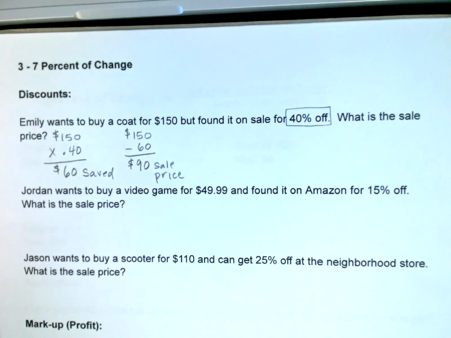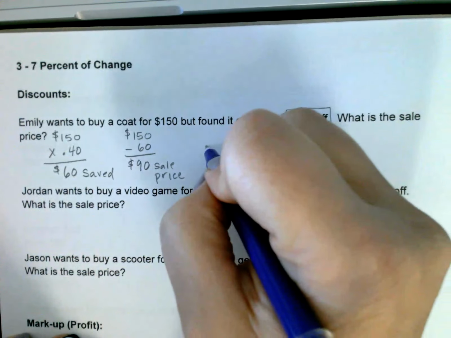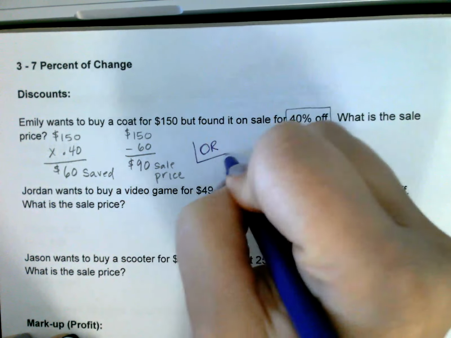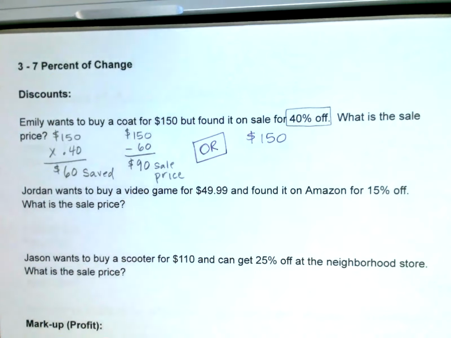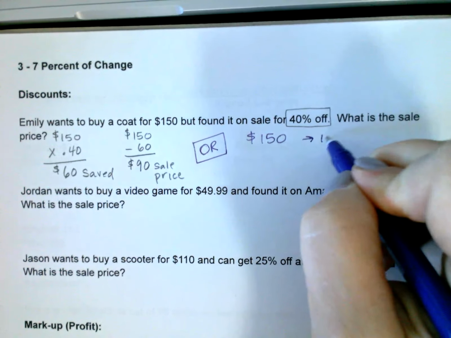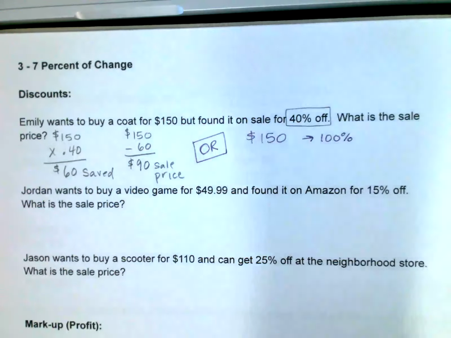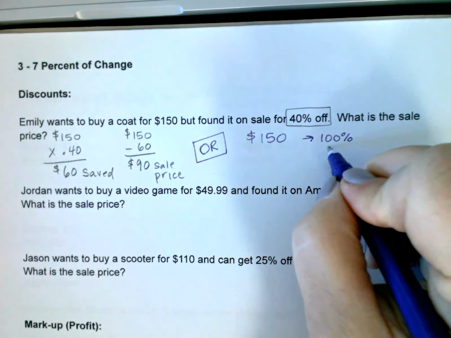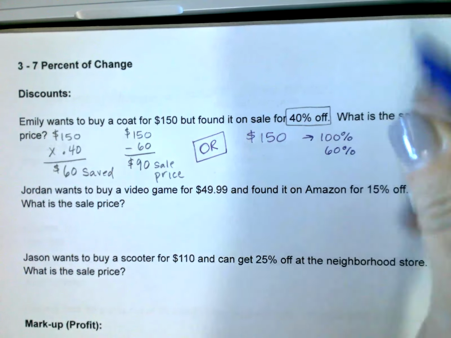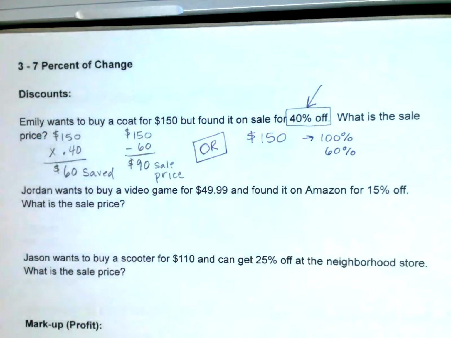Well, let's think about it. Another way we could do it is we know that the original price is $150. The store is not asking her to pay 100% of it. They're only asking her to pay 60% because they're discounting it 40%.